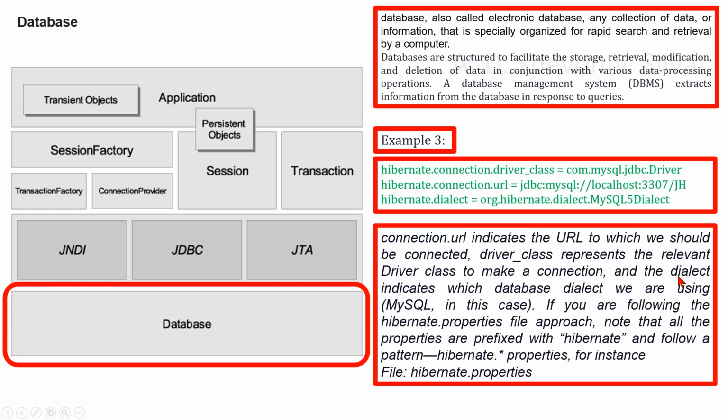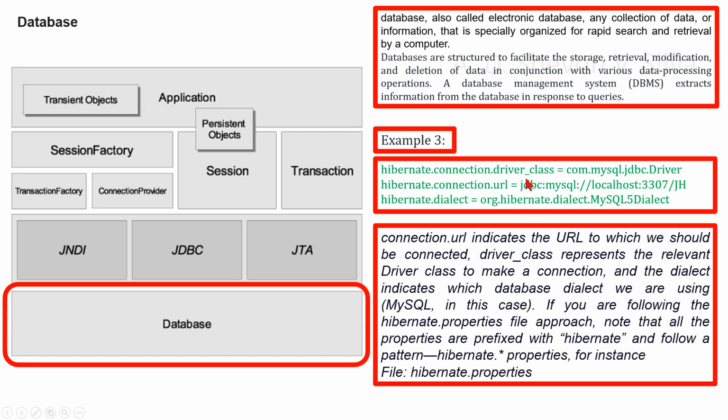And as an example 3, we can consider this one in the hibernate.properties file. Here, hibernate.connection.url indicates the URL to which we should be connected.